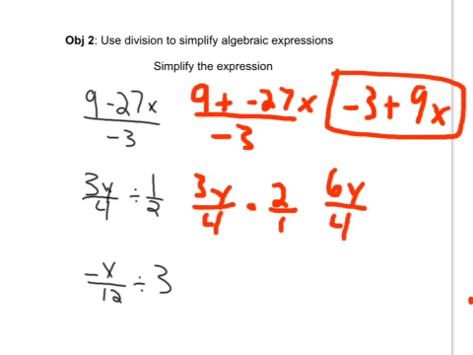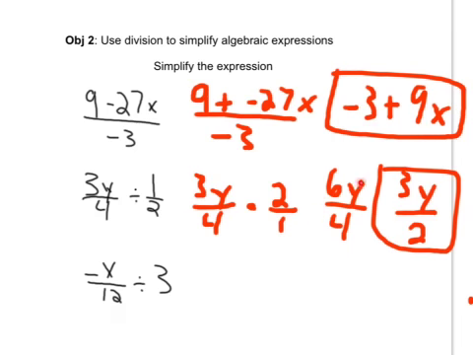Now I've got one term on the top, 6y is a term, and on the bottom I've got one term. That can simplify. 6 and 4 simplify to 3y over 2. Again, we were able to simplify this because there's only one term on top, and the 4 goes into it, or they can simplify.